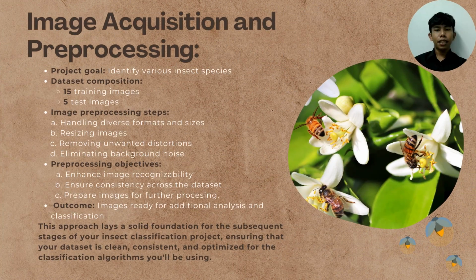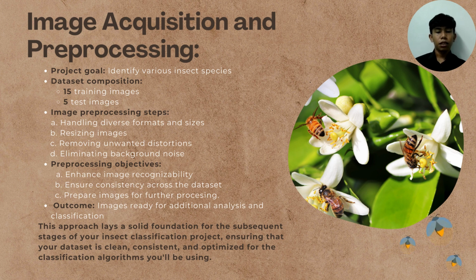Next is image acquisition and pre-processing. The project goal is to identify the various insect species. We use a dataset of 15, 20 images and 5 test images. The image pre-processing steps we use are handling device format and size, resizing images, removing unwanted distortion, and eliminating background and noise.